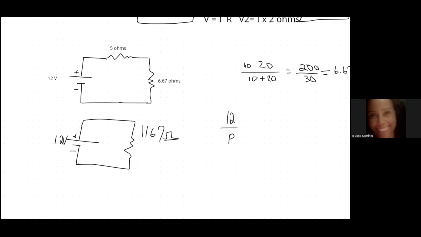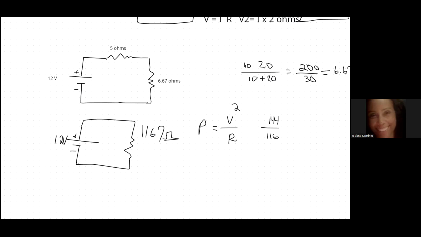So it's 12 squared. Let me write the formula out and then we'll actually do the numbers. This is another form of Joule's law. Power is the voltage across the element divided by the resistance, voltage squared. So that's 144 over 11.67 ohms.